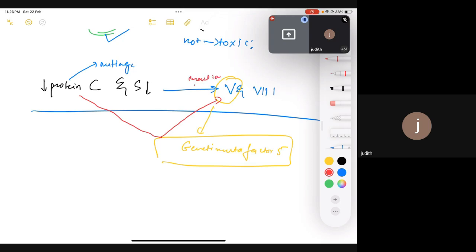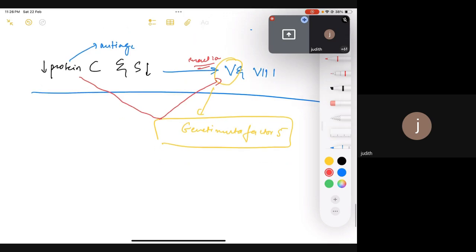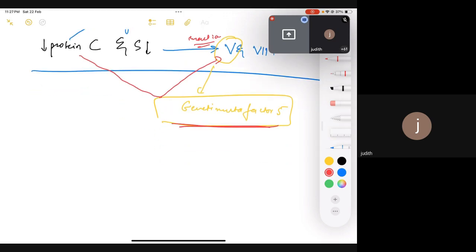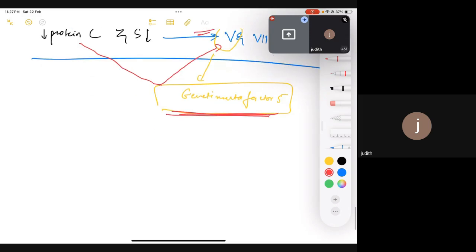That was the normal mechanism of action of your protein C and S. So can I say that this genetic mutation of factor 5, which is known as factor 5 Leiden mutation, can lead to a hypercoagulable state? Yes, sir.